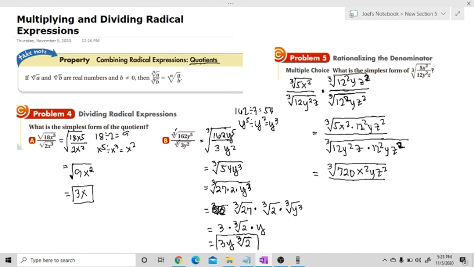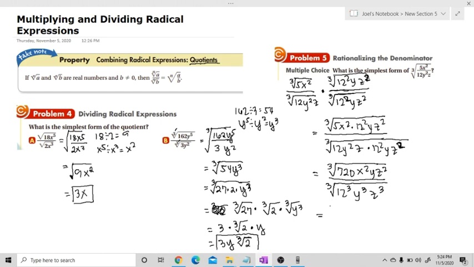All over, 12 times 12 squared is 12 cubed. We will not evaluate it, we just leave it as 12 cubed. y squared times y is y cubed. z times z squared is z cubed. So the denominator is now all perfect cubes.